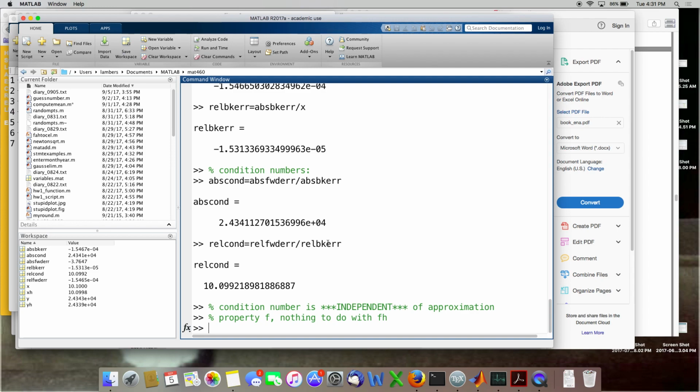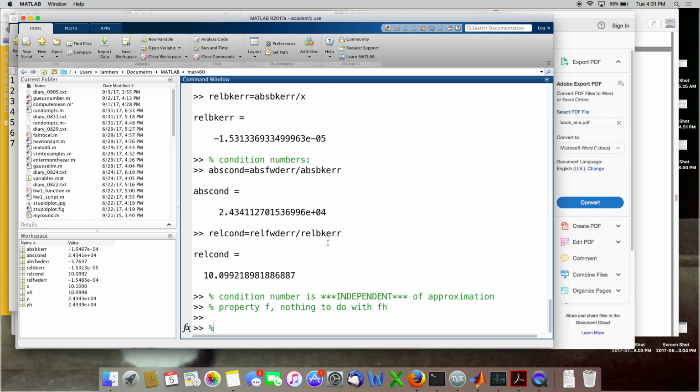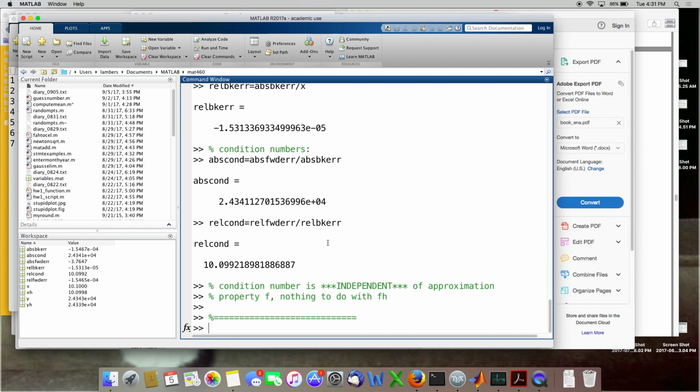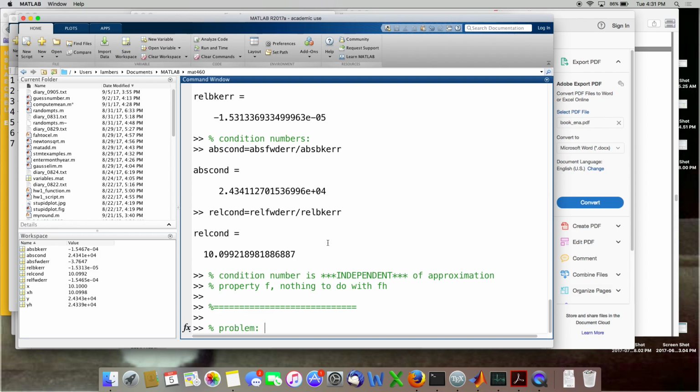Okay. So now I'm going to look at a different sort of problem. So I'll just put a little divider in here. So suppose you're given a function f of t, and the problem you're trying to solve is compute the integral of f on some given interval ab.